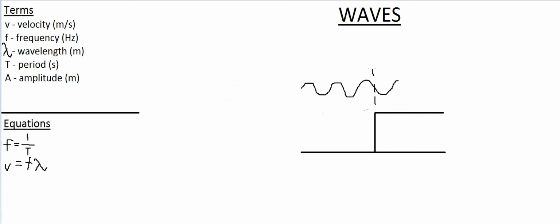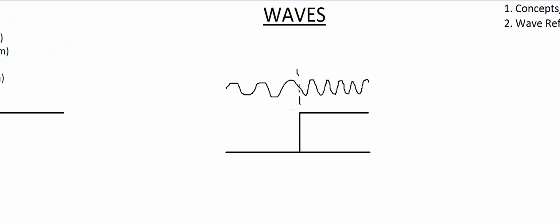This is a shallower portion of water, right? So what will happen to the water when it crosses this shallower boundary? The answer is it slows down. It basically just slows down because it loses wave energy, I think.